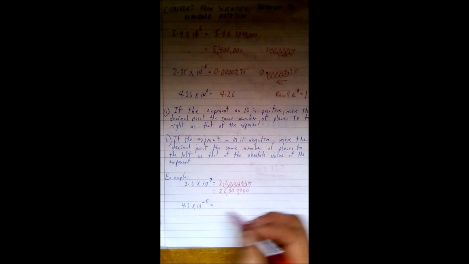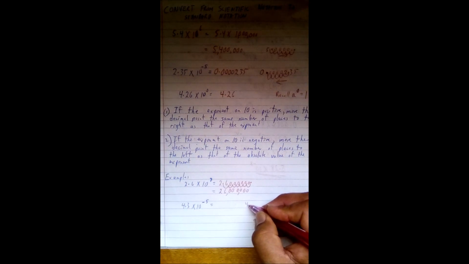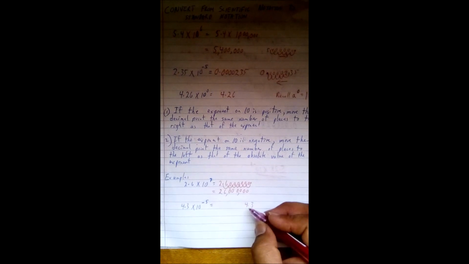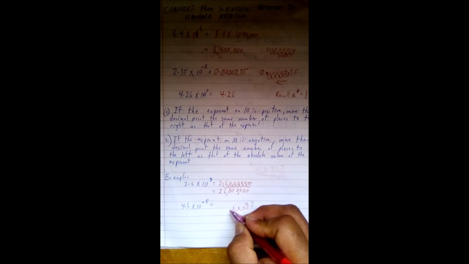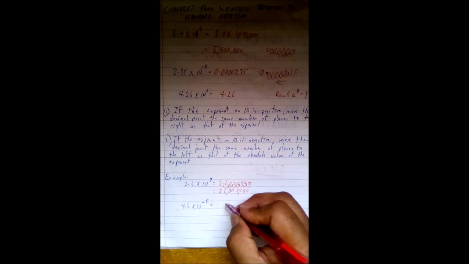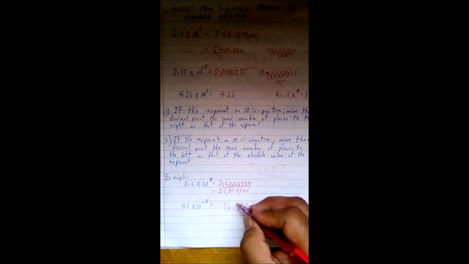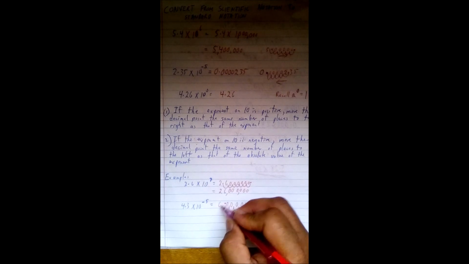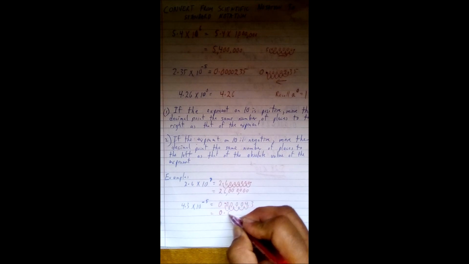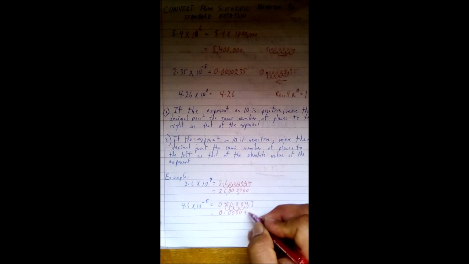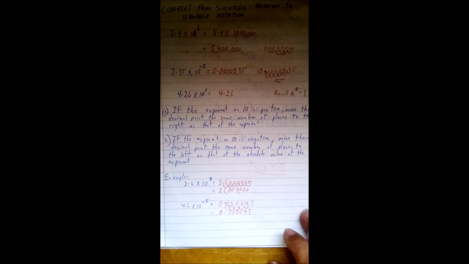So I move towards my left hand side 5 places: 1, 2, 3, 4, 5. Here's my decimal point, and I add my zeros, and just add a 0 here to show the whole number place. So our final solution is 0.000043. That's the standard notation. So that's how you write scientific notation in standard notation.